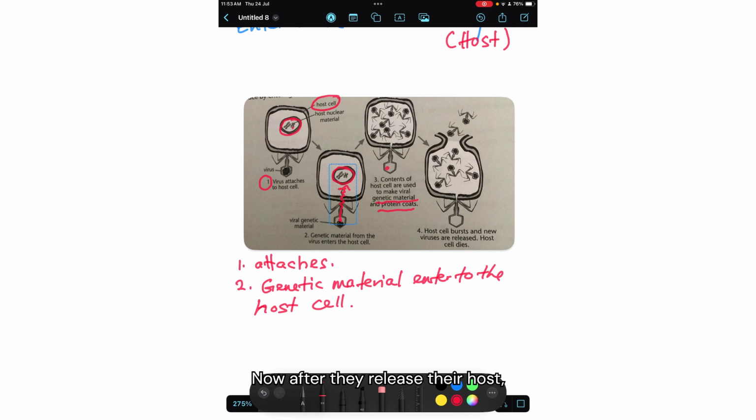After they release the virus DNA into the host, it uses the host's genetic material and makes its own copies, its own genetic material as well as the protein coat.